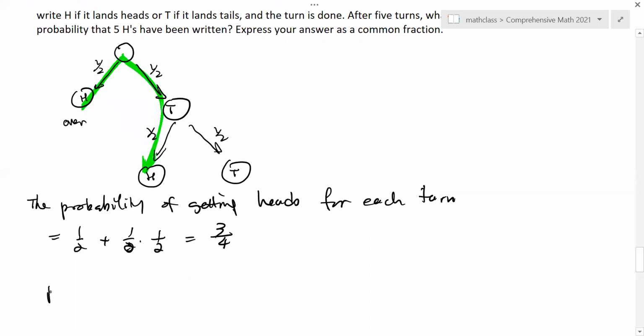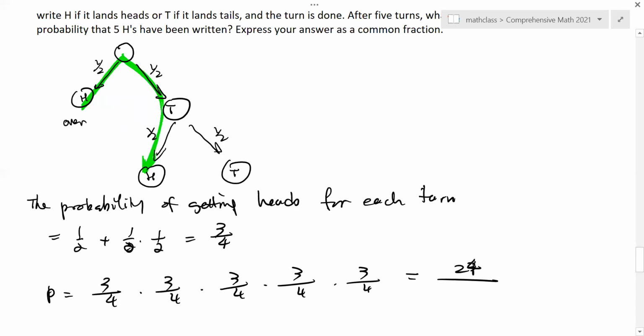So the probability will be 3/4 times 3/4 times 3/4 times 3/4 times 3/4. That is the probability that you always get H for all 5 turns. When you multiply this out, that is the probability.